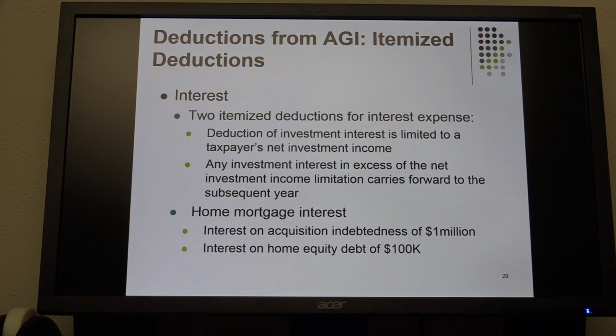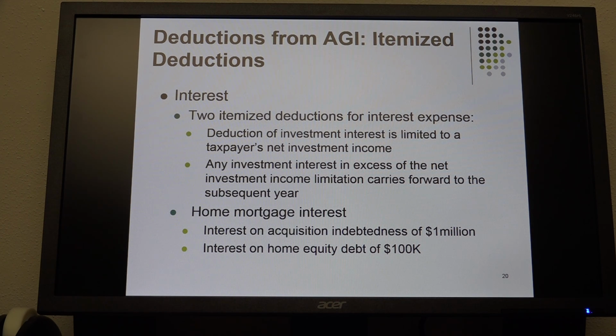As long as you get a home equity loan, a loan that's secured by the equity in the home, it matters not what you use those funds for. So one thing we'll talk about in the future is, well, what about interest on a personal loan? Is that deductible? And the answer is no, it's not.